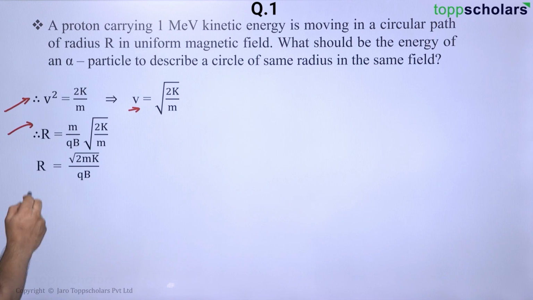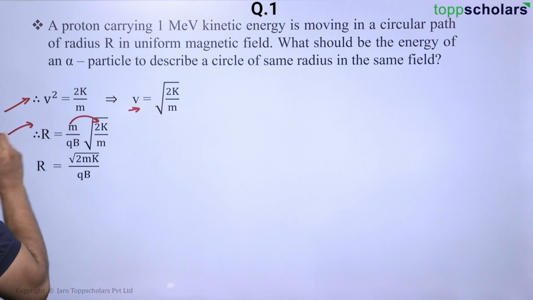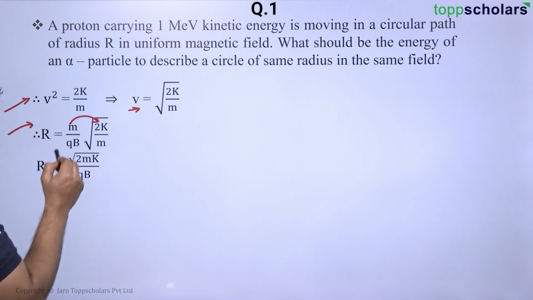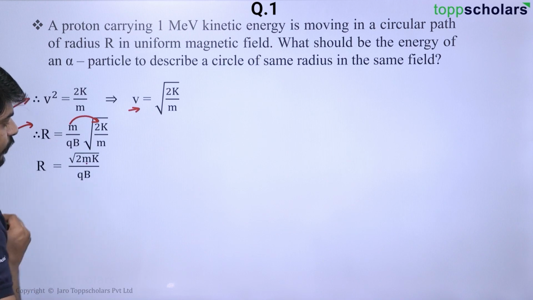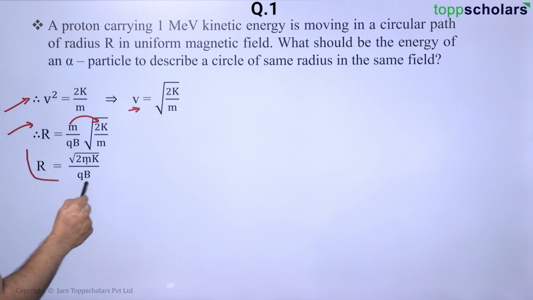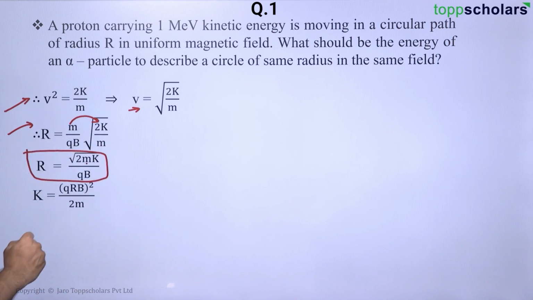Now what we have done is we have taken this m into the root, so we have to make it squared, and therefore this m and this m will cancel, and only one m will remain, and therefore under root 2mk upon qB, that is going to be the radius. Now we can just arrange this. We will square this whole equation.